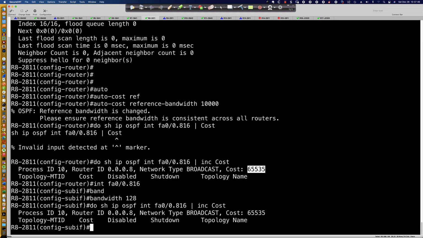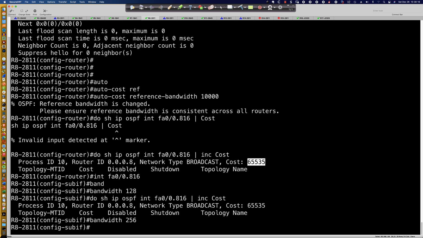Here we have the reverse problem, where we have maybe a few 64 kilobit per second links, slow links, and we've got some 10 gig interfaces, and you watched my video and said, oh yeah, always set the auto cost reference bandwidth to the speed of whatever the fastest interface in that network is going to be. Recognize that this is what you're going to run into. What if I set the bandwidth on that interface, let's say it's 256 kilobits per second?